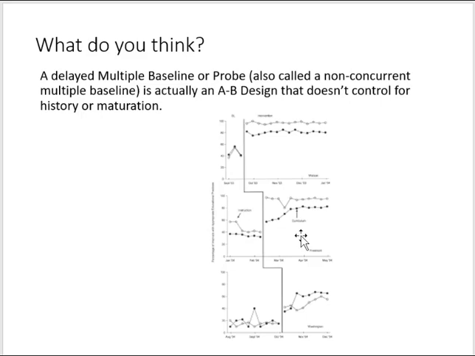What is the degree required for this to actually be valid? I'm kind of interested to know what your thoughts are on the validity of non-concurrent multiple baseline designs. And again, we'll read more about that later in the course.